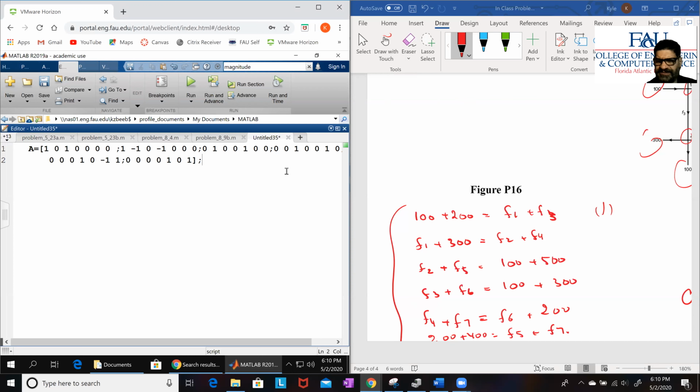The B matrix: B is equal to 300 for the first one, and then minus 300, second one, 600, 400, 200.